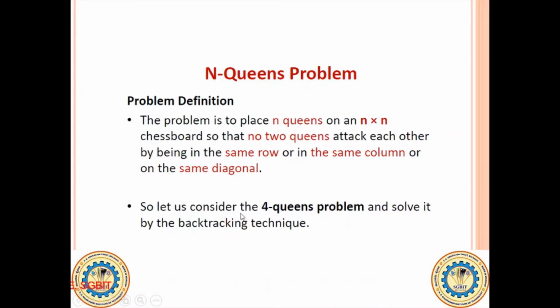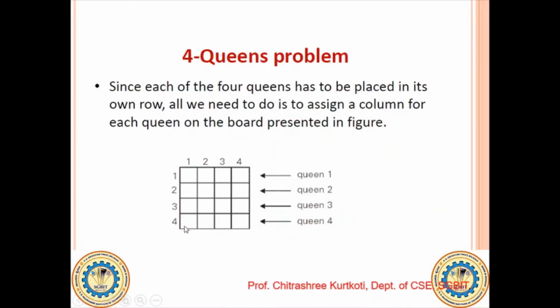So let us consider as an example the four queens problem. Here n is 4. So we have to place these four queens on a 4 cross 4 chessboard. So here is how the chessboard looks. For convenience, we are going to take the first row for the first queen, the second row for the second queen, the third row for the third queen, and the fourth row for the fourth queen.